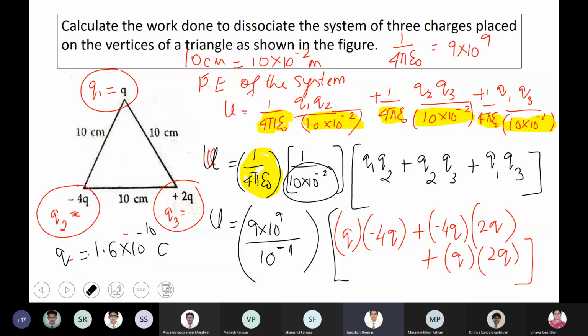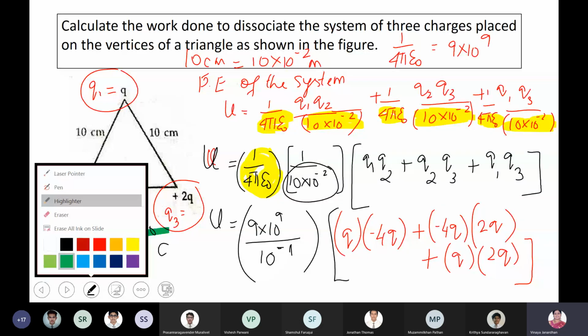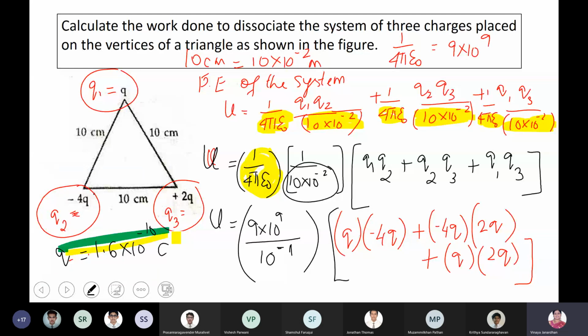Ma'am, so this is only for this question, right? The value of Q? Yeah, for this, correct. So the value of Q is 1.6 into 10 to the power of minus 10 coulomb. Will you be able to find the value of U?